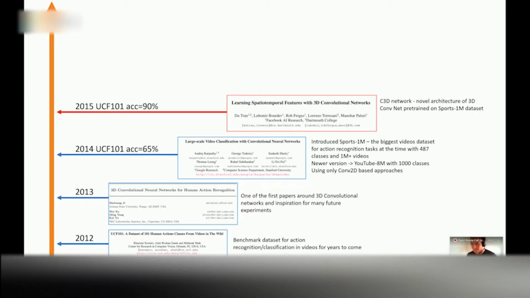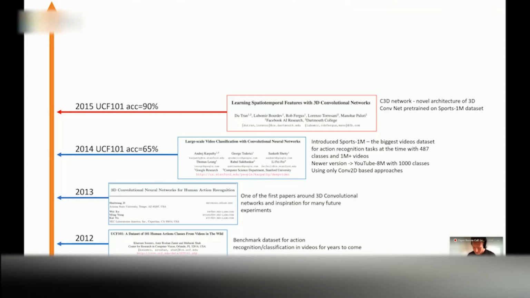And that's why after 2014, when Andrej Karpathy et al. introduced a data set called Sports 1 million, a data set of over 1 million videos representing 487 different classes, different sports or actions, which is huge. And the videos were from the wild, basically downloaded or scraped from the internet, more specifically from YouTube.